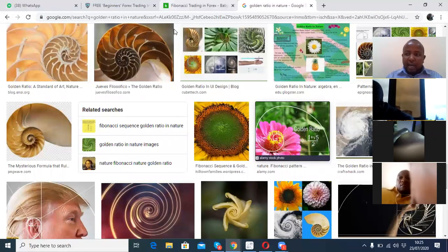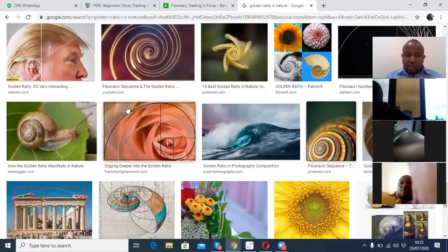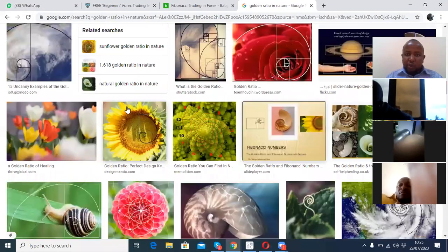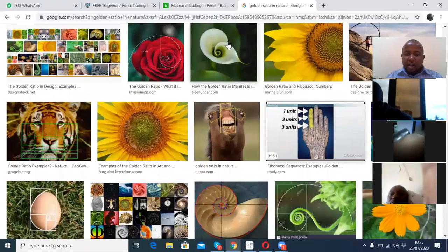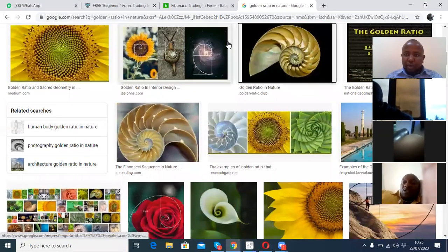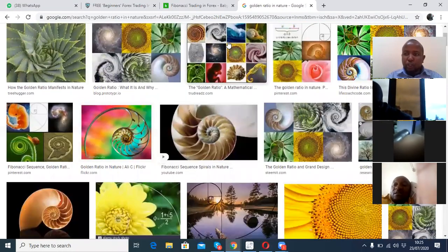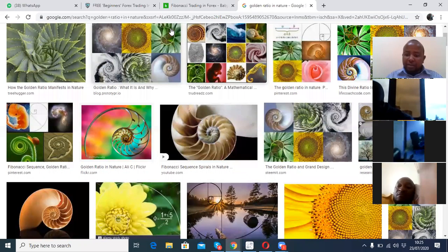Let me go back to trading, because these are some of the places that Fibo is applied to nature. From the face, Mona Lisa's face here, you can see even the egg itself, the shell itself. There are so many places I can show you where the golden ratio actually works. So Fibo is very, very important.